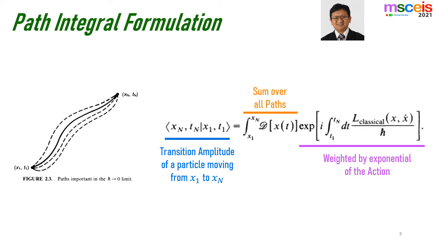So this is actually an expression of integration over all possible paths from x1 to xn. And the one that is integrated is the exponential of i times the integral of the Lagrangian. The integral of the Lagrangian is called the action. So this is a brief description of the path integral formulation.